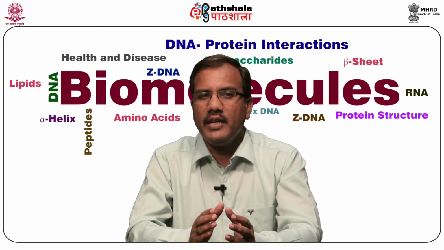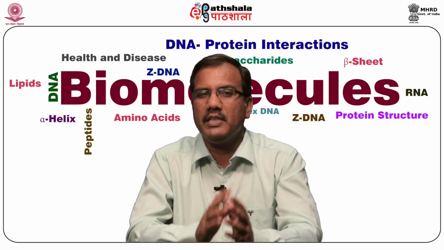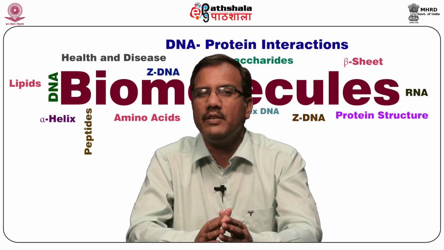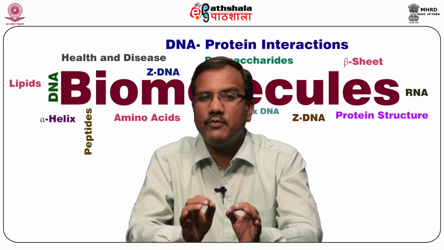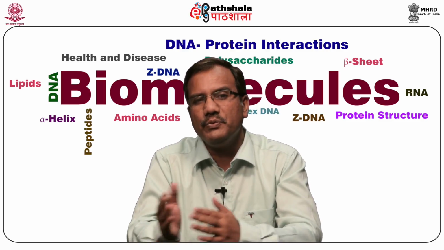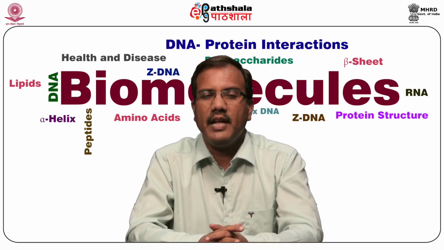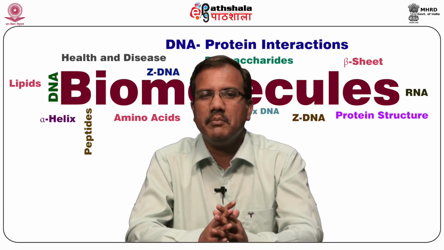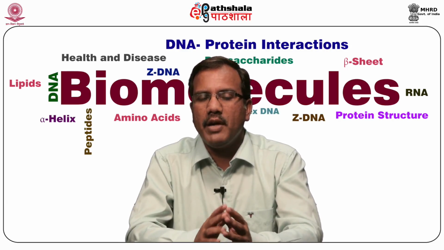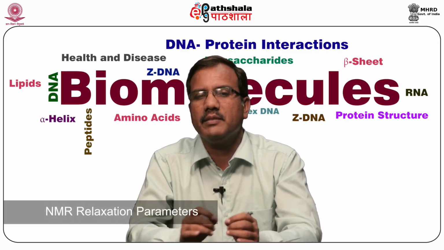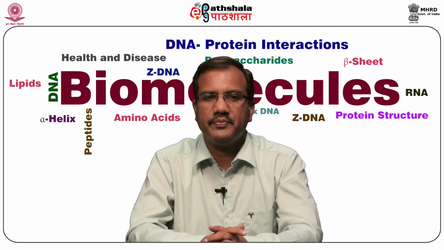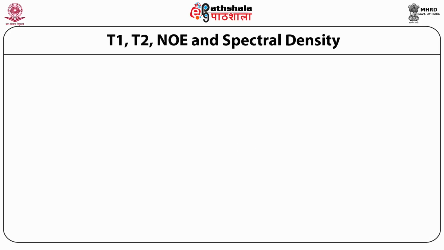NMR not only helps in measuring entropy, it can also tell you about the contribution of conformational entropy change to total entropy. And this is generally done by measuring NMR relaxation parameters. So NMR can also be used to calculate the conformational entropy component.